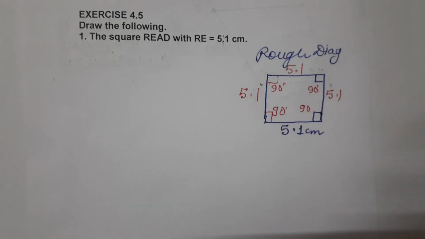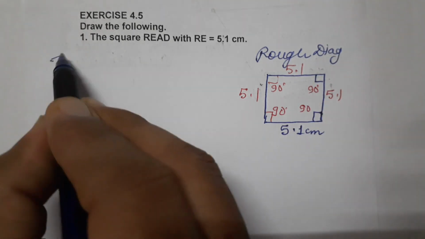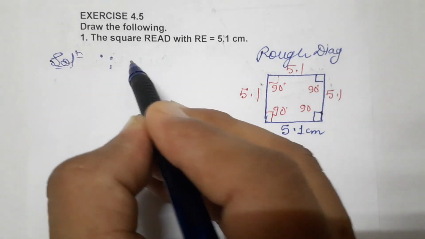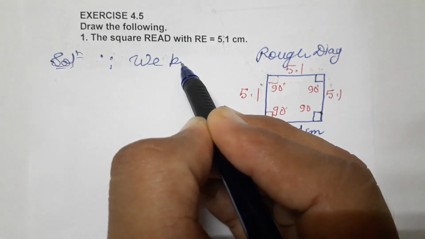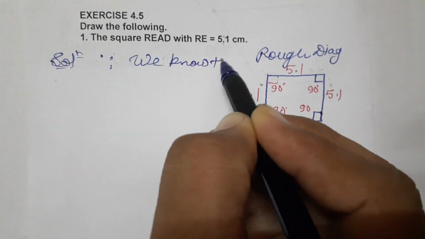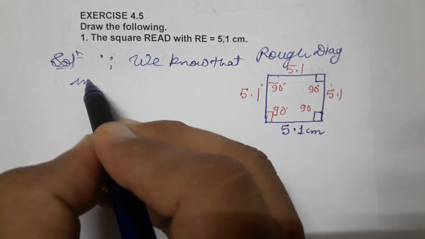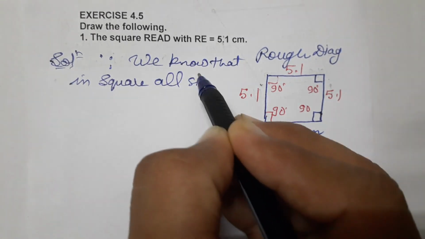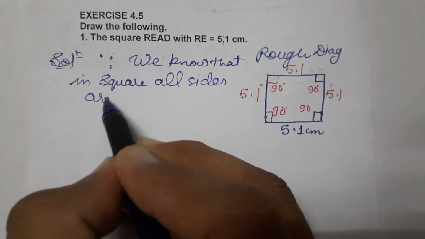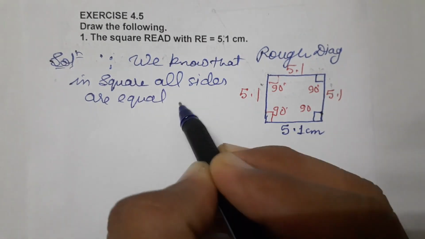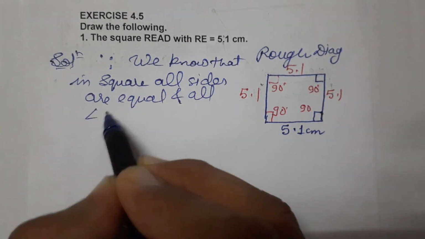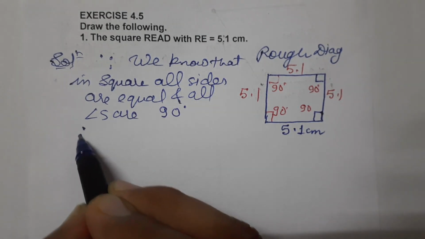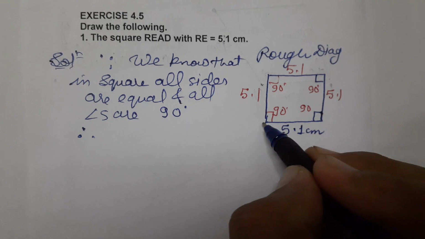So first of all we have to write, since we know that in a square all sides are equal and all angles are 90 degrees, therefore we label this first, READ.